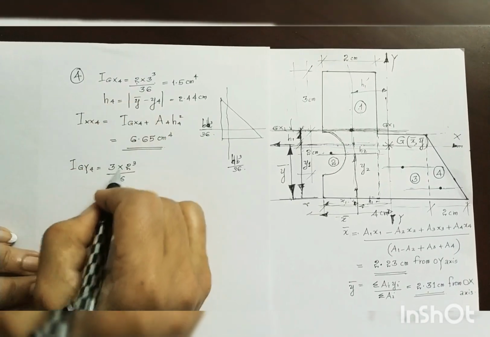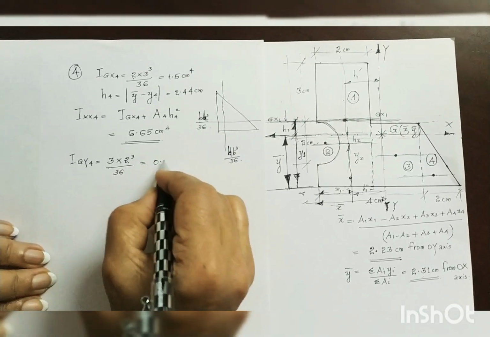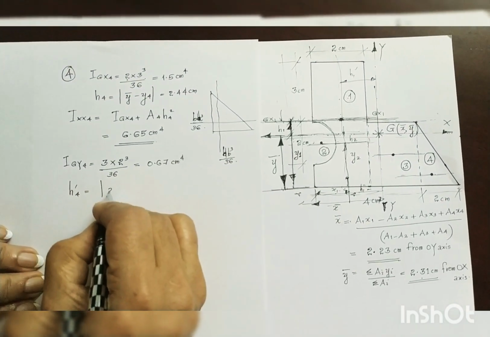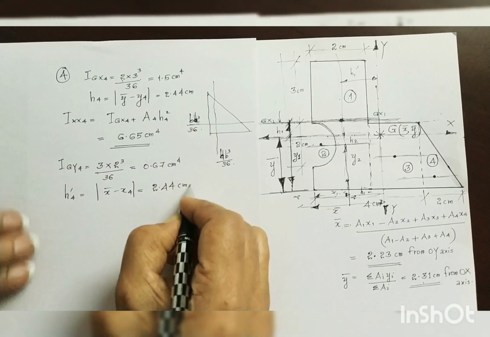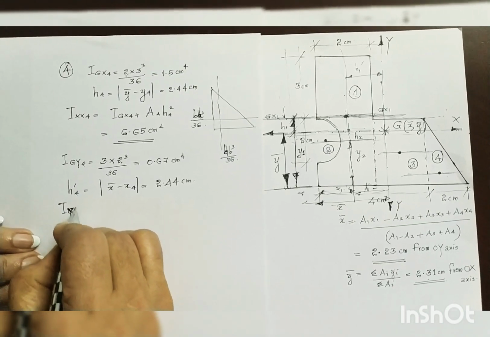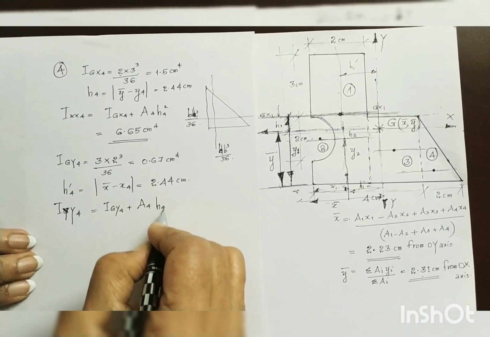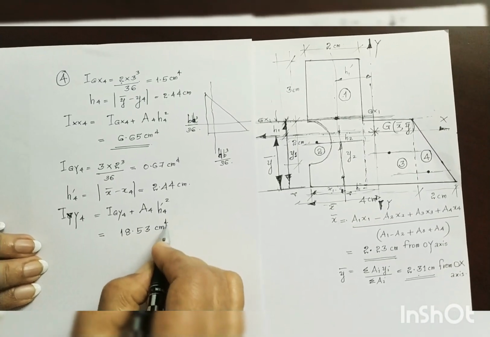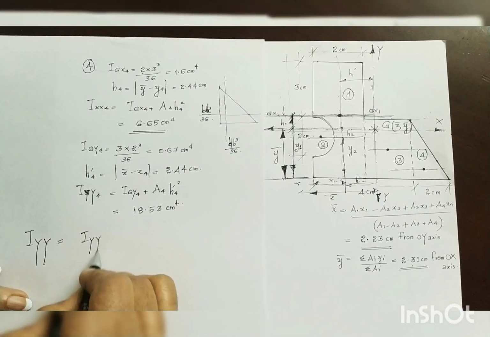See, this was 2 into 3 cube, this is 3 into 2 cube by 36 is equal to 0.67 square centimeter, and h dash 4 is equal to absolute value of x bar minus x4 is equal to 2.44 centimeters, and therefore Iyy4 is equal to Igy4 plus A4 h dash 4 square, and you get it as 18.53 square centimeter.